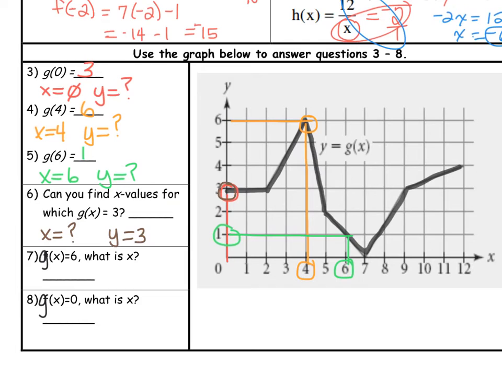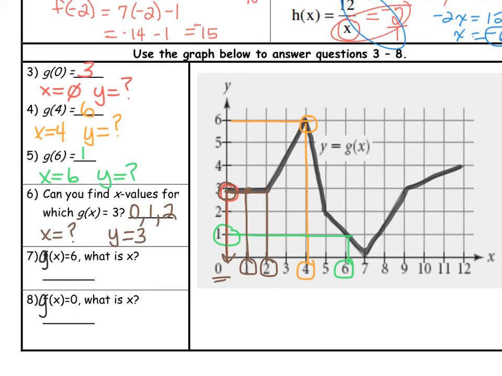So here's 3, and one answer for that is, if we go down here, x is 0. Continue on our graph again. Right here is another point. X is also 1. If I continue on my graph, here's another point.